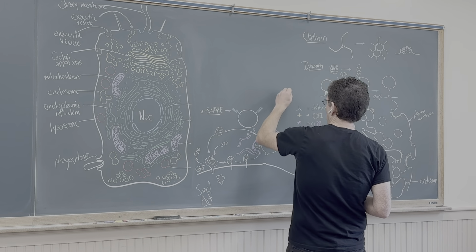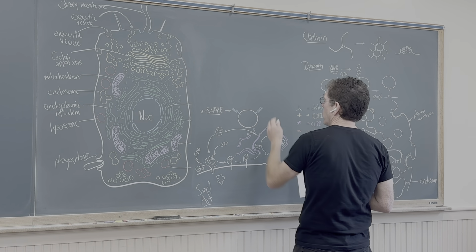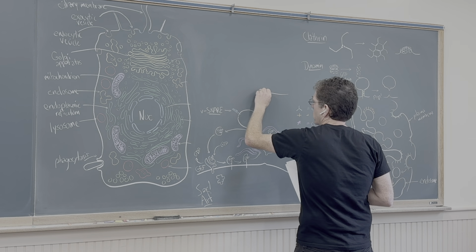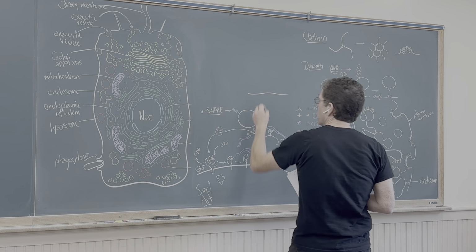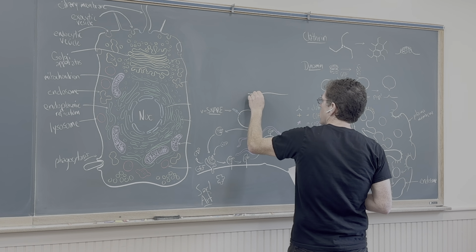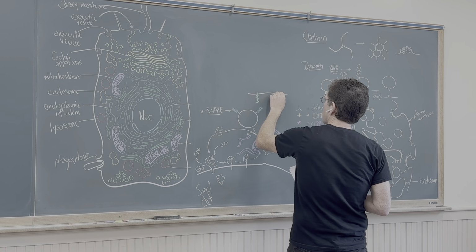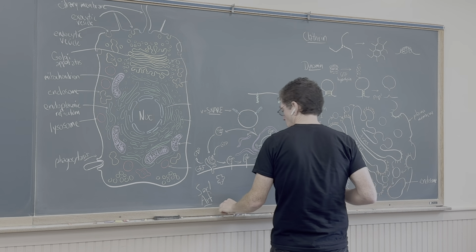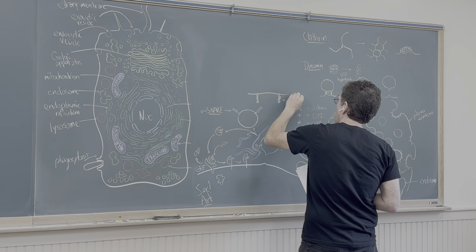Because on a target membrane, which say would be some part of the Golgi apparatus perhaps, there are T snares that match. T for target.